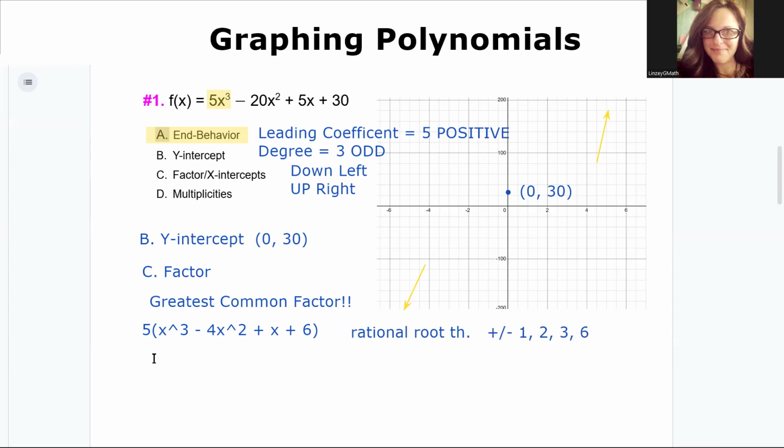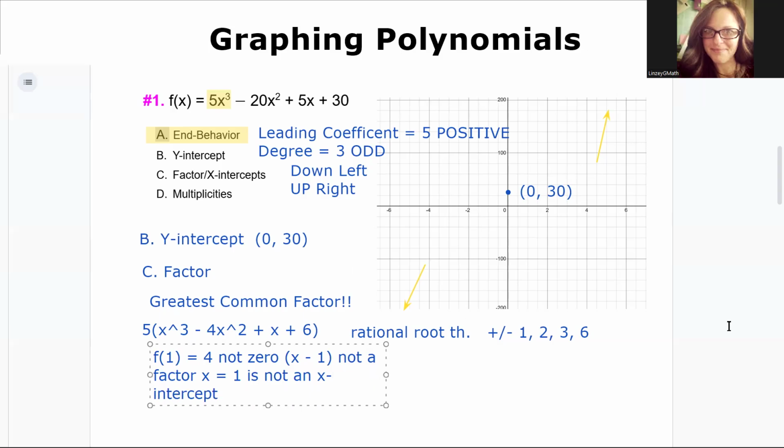Let's start by substituting 1 into the function, and we'll see if we get 0. That would be the remainder that you would get if you divide out. If we substitute 1, we do not get 0. We get 4. So x minus 1 is not a factor, and x equals positive 1 is not an x-intercept.